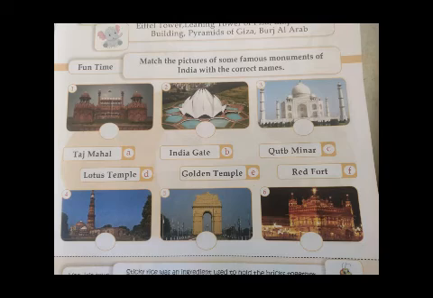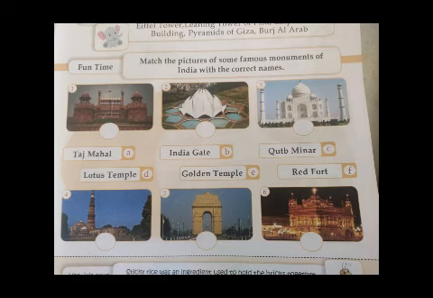As it has a lotus flower like shape, it is a prominent attraction for the city. This building has 27 freestanding marble-clad petals. You can see in the image petals arranged in clusters of 3 to form 9 sides. So you can write in the second box, option D, that is Lotus Temple.